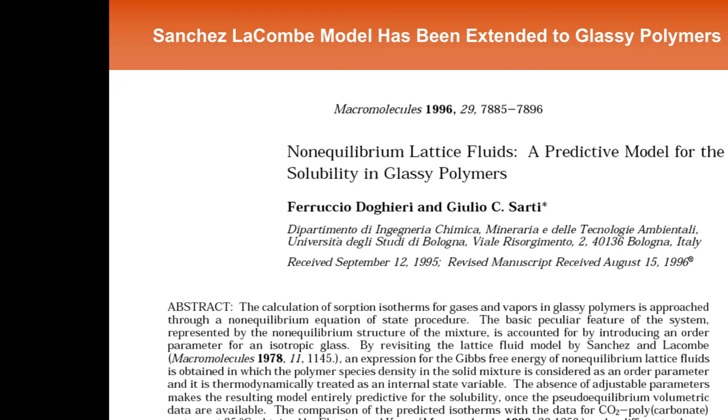Now we'll look at the other end of the spectrum. We're going to look at the same data now, but in a glassy polymer. And this polymer is trimethylsilyl propyne, PTMSP. And when it was first discovered in the early 80s, it was for a long time the most permeable polymer known.